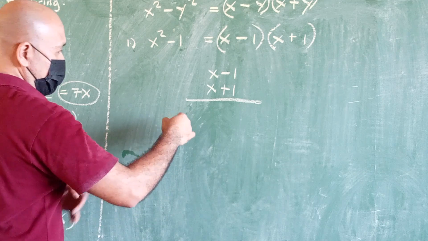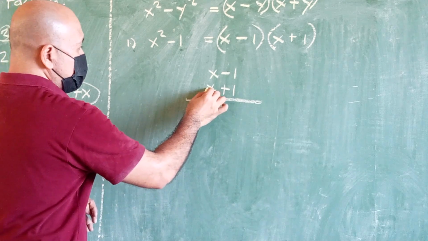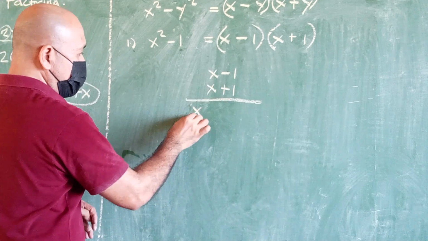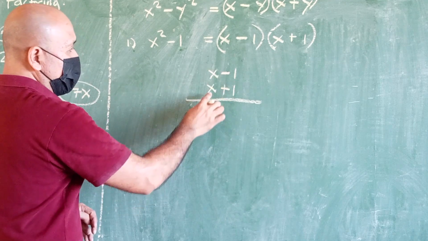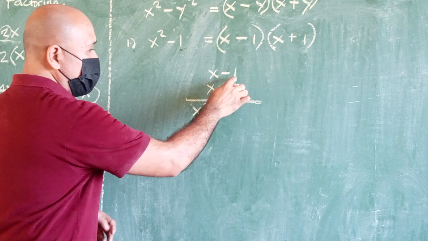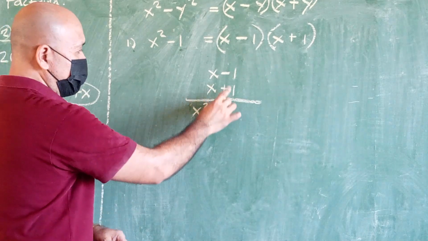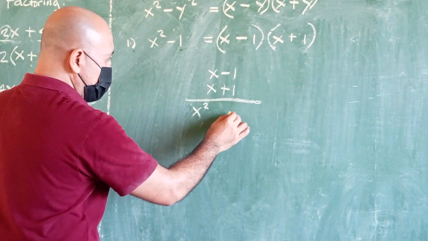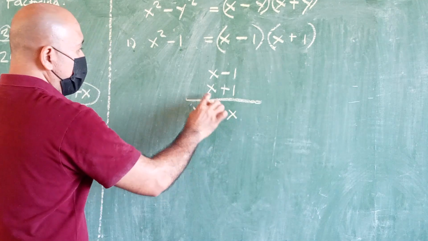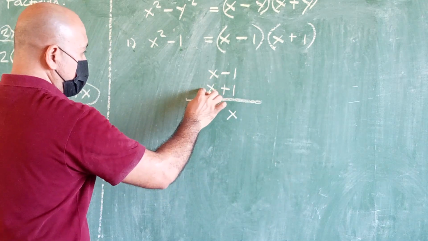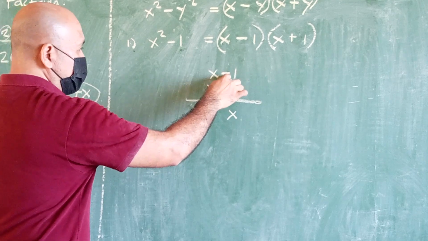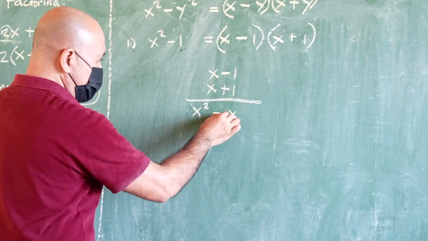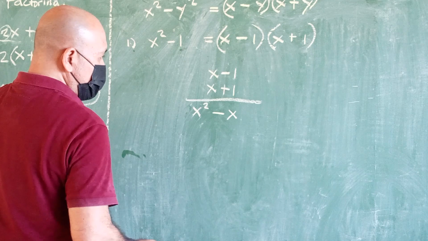So if you can still recall, x times x, you just copy, bring down x, and add the exponent, that is 2. And multiply x times 1, so any variable multiplied by 1, the result is the variable itself, that is x. And opposite sign, this is positive, and this is negative or minus, so just copy minus.